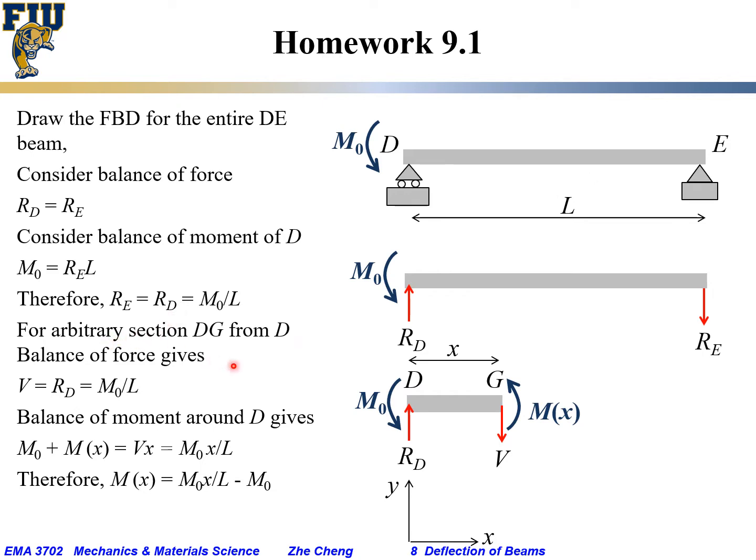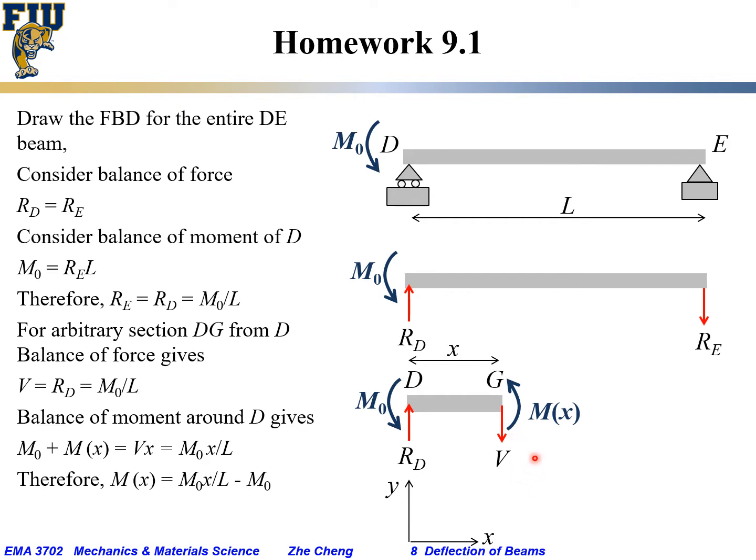Then let's consider an arbitrary section from the left end D to an arbitrary point G. Okay, arbitrary section DG from D, and let's draw the free body diagram again. We have RD pointing upward, which is the reaction force at D. We have M0, the external applied moment, and then to balance RD at the G cross section, there must be an internal shearing force, or internal shear, and we draw it downward.